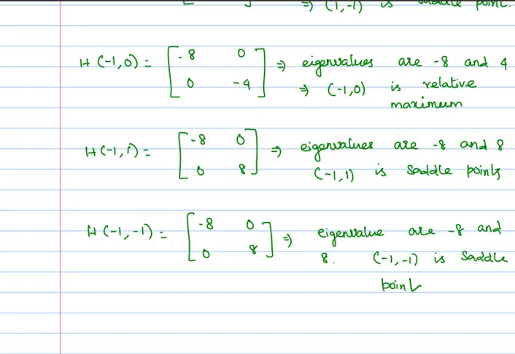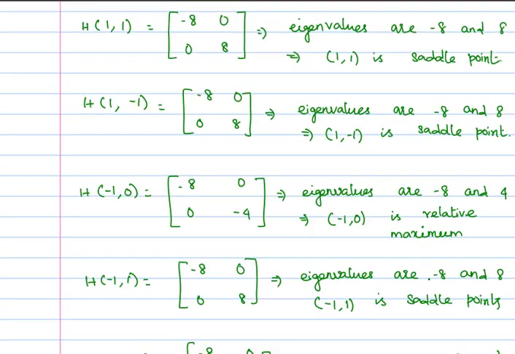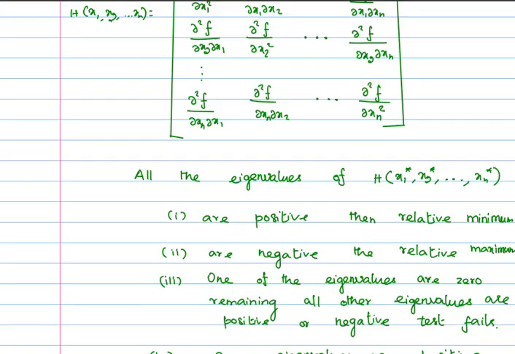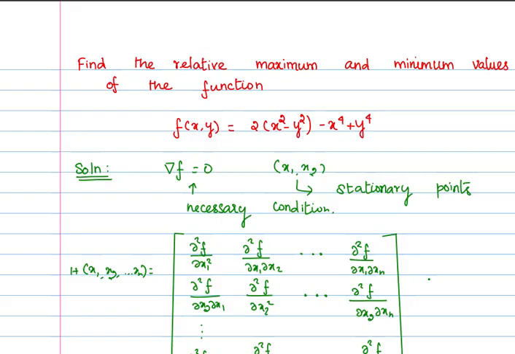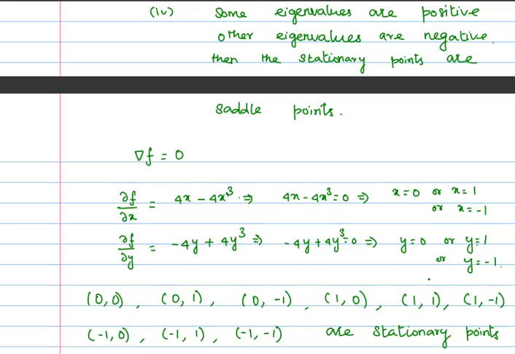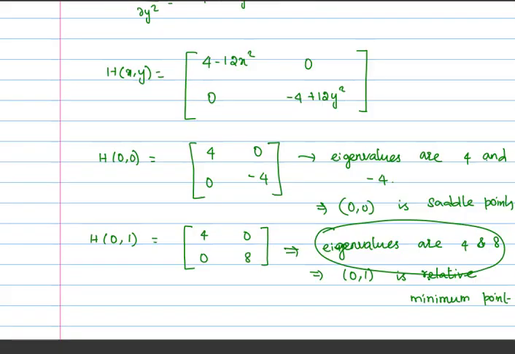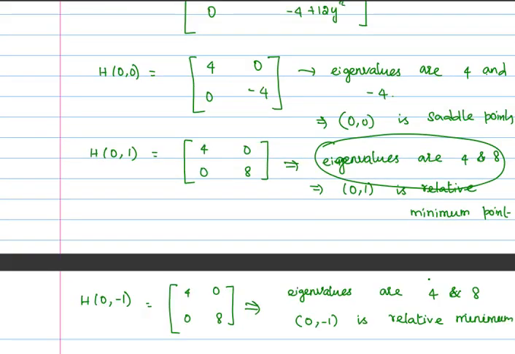So what is the question? Find the maximum and minimum value of the given function. Okay. So where do the minimum values occur? So at what points does the relative minimum value occur? I want to check it. This is h of 0 comma 1 is the minimum.